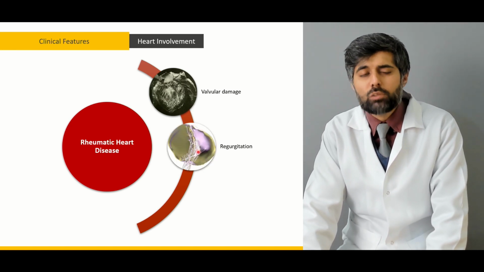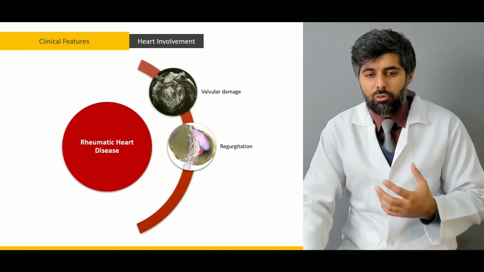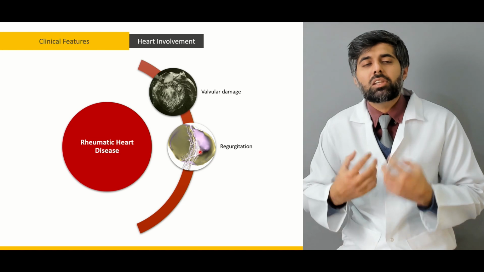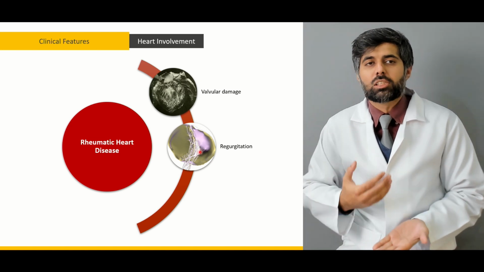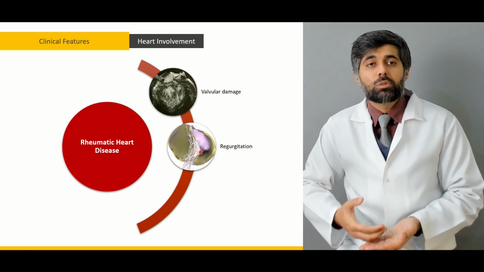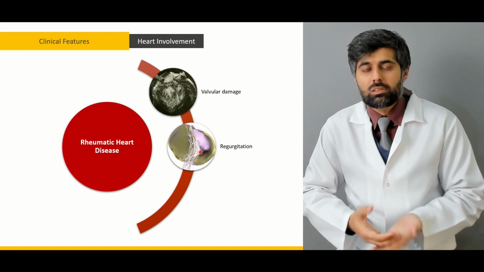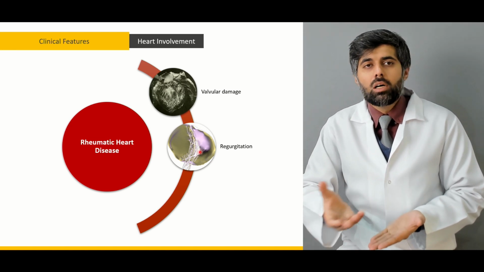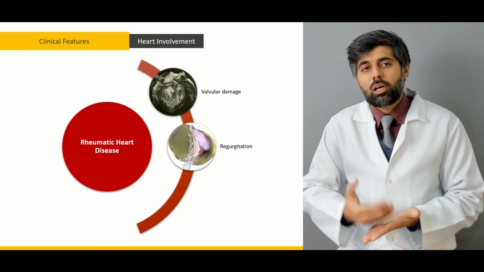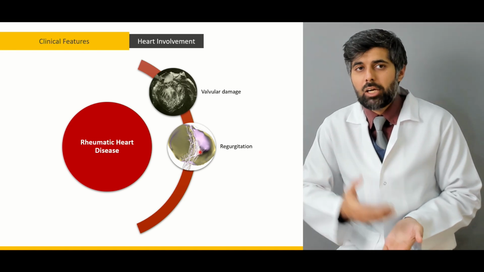Next, because of the valvular damage, there is regurgitation. Regurgitation means that there is reflux of the blood from the chamber in the opposite direction. Now, what usually happens, like in the mitral valve's case, is that blood flows from the left atrium to the left ventricle.